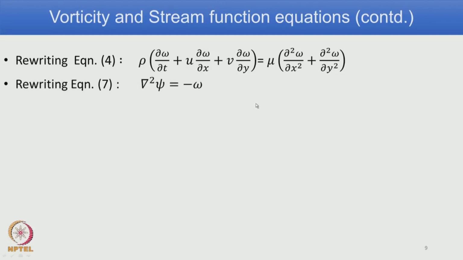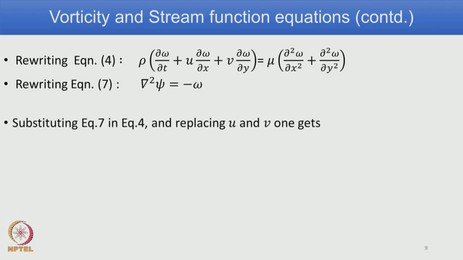Now, we rewrite this equation once again, that is writing equation 4, which is the vorticity transport equation, and writing equation 7, which is in terms of stream function relating to vorticity, del squared psi equal to minus omega. Now, we substitute this relationship, relating omega with psi, into this equation. So, each of these omega terms are now written in terms of psi. We also replace velocity variables u and v in terms of psi.